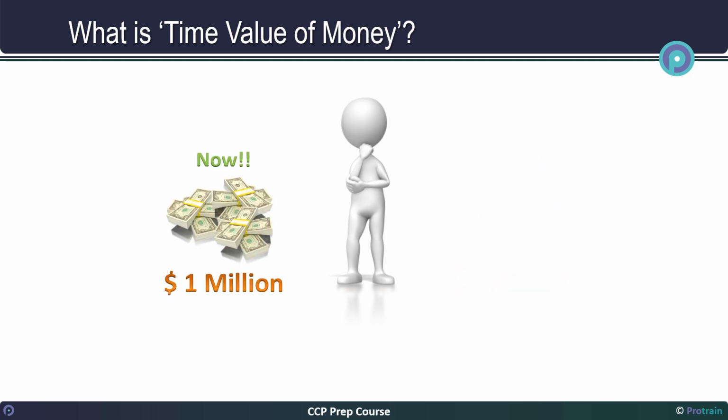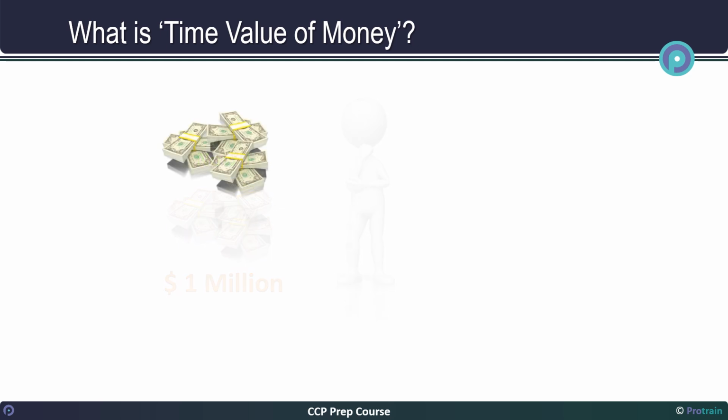But let us understand why choosing first option is beneficial to him, and how much benefit John shall get by choosing this option. John chooses option 1. He receives all the money today. So what is he going to do with this money?